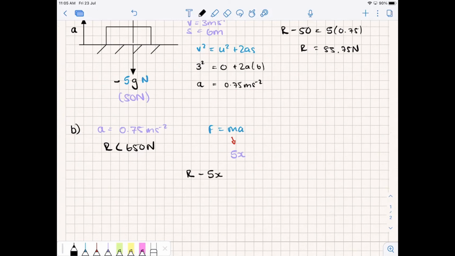Sorry, 5x is the mass of the blocks, and to work out its force, we multiply by the gravitational constant, which we're going to substitute for 10 in a second. The mass of the object is 5 times however many blocks there are, and we know the acceleration.